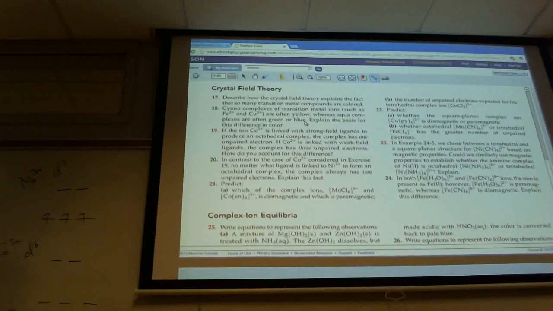Is it octahedral? Wait a minute. Is it octahedral? Yes, it is octahedral. Why? Octahedral means 6, doesn't it? I only have 3. How can it be octahedral? Because each ethylene diamine is bidentate.